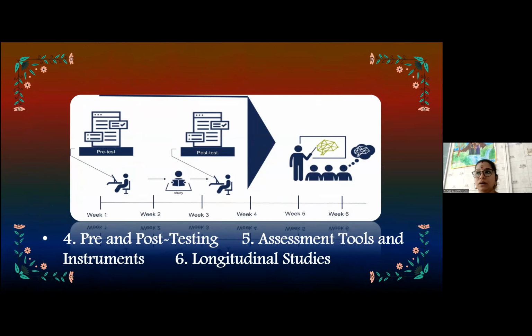We need to select the sample, and then two different groups, the treatment group and the control group, or experimental group. Pre-test and post-test, right? We need to give randomization also to the treatment group and control group. Pre and post testing, they do that.